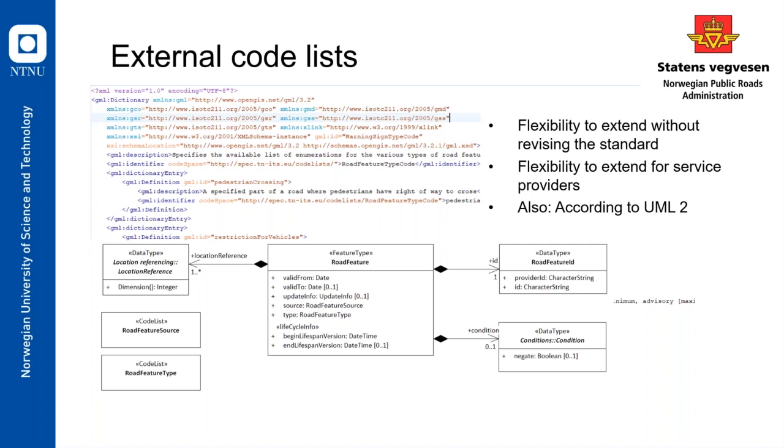Like if Sweden wants to add a specific road sign that's not defined yet in the code list, they can do that by creating their own extension to the code list. From a more technical point of view, it's also according to the UML2 specification to create models this way.